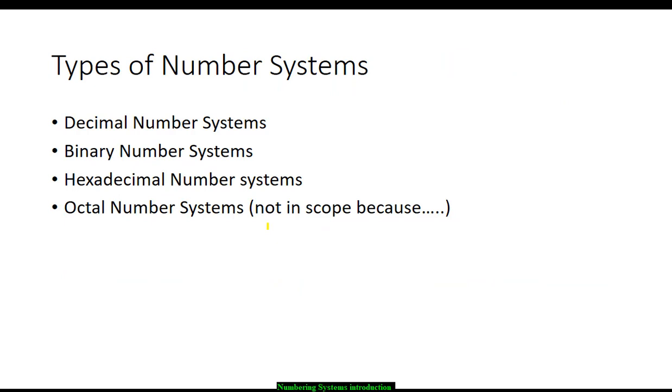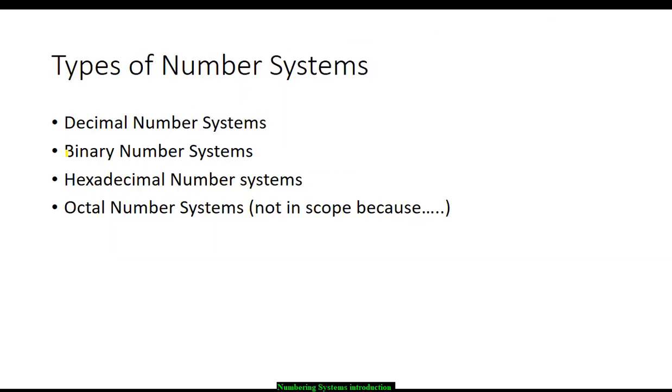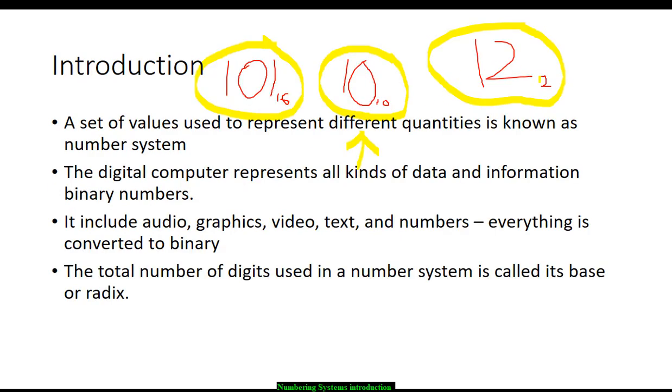introduction to numbering systems. Right, so as I said earlier, you have the decimal numbering system, which you can see here. It's this one here, the 10. That's your decimal numbering system. And then you have your binary numbering system, which is your base 2, if you can see here.